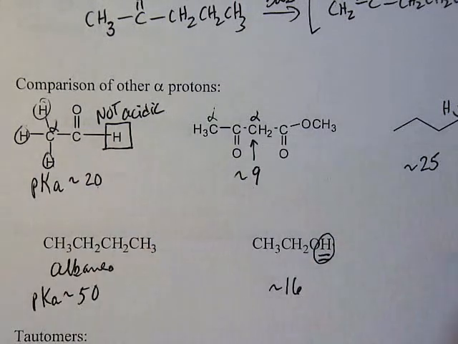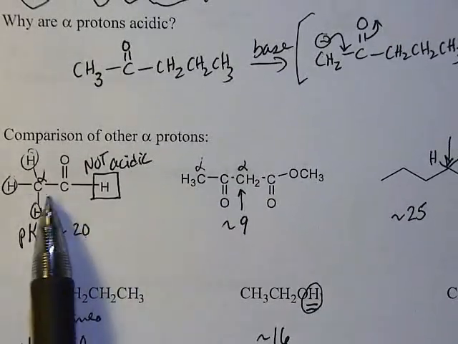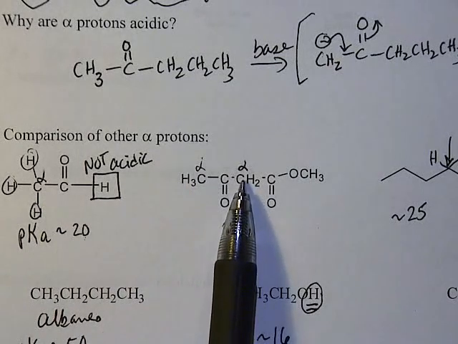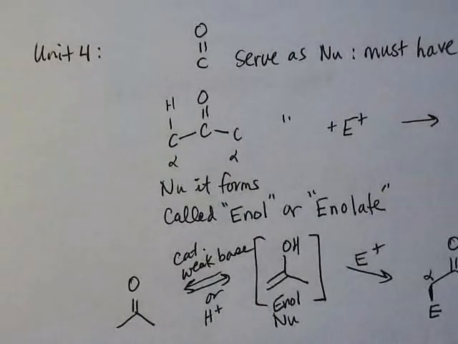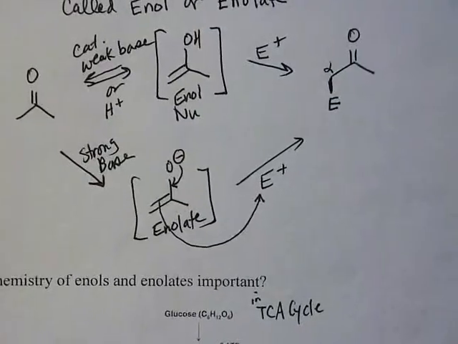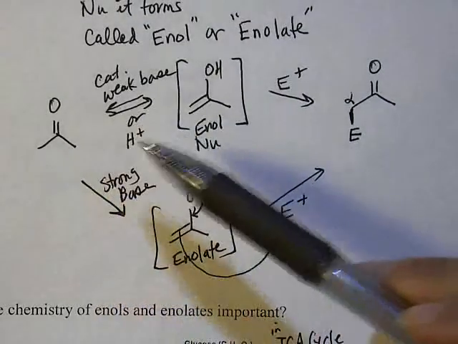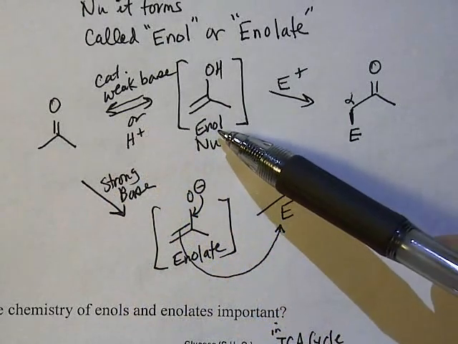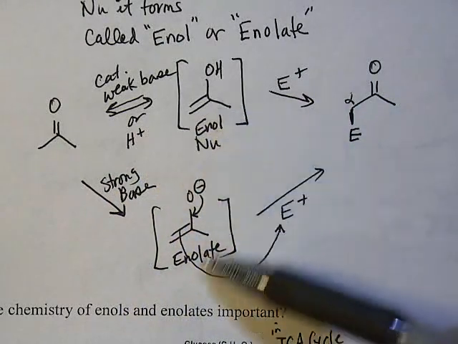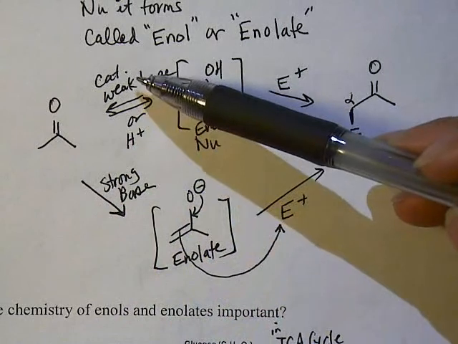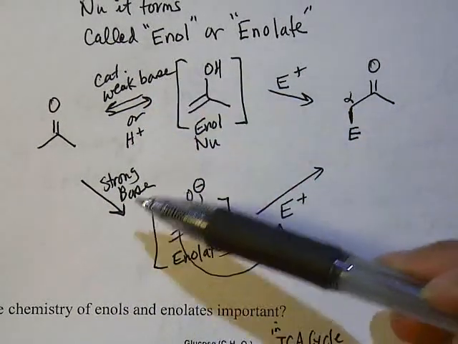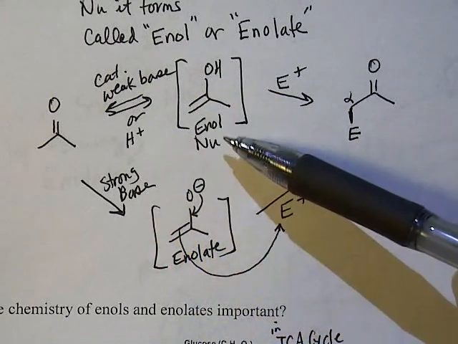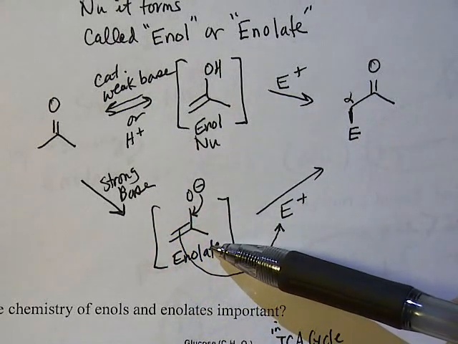So the reason why I bring up the pKa's of these compounds, especially comparing and contrasting the pKa's of the alpha protons, is that, remember, on the last page we looked at how we're going to make these nucleophiles, and it depended on whether we used a catalytic amount of the weak base or a strong base to form the enol versus the enolate, right?